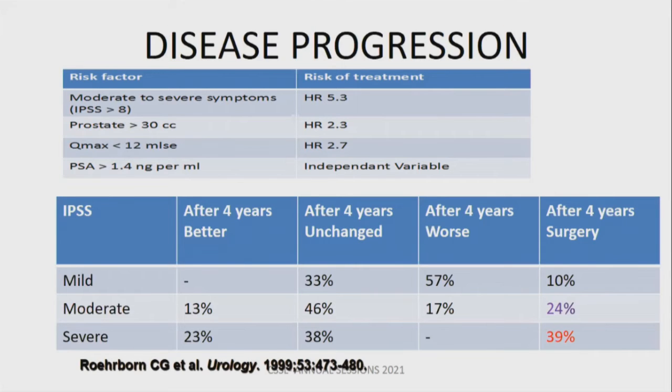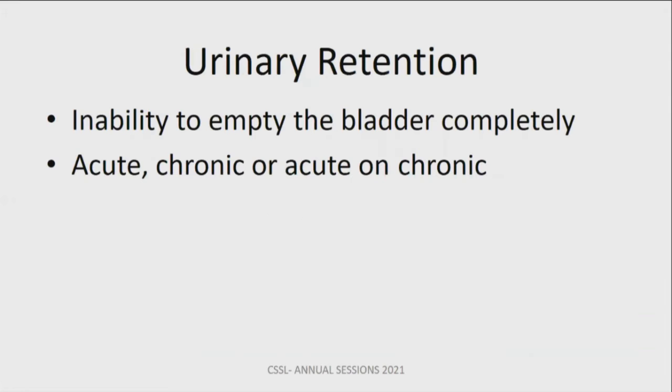You can appreciate that if the patient has moderate symptoms to start with, there's a 25% chance of ending up in surgery in 4 years follow-up, whereas if they have severe symptoms to start with, this percentage goes up to 39. Let's have a look.